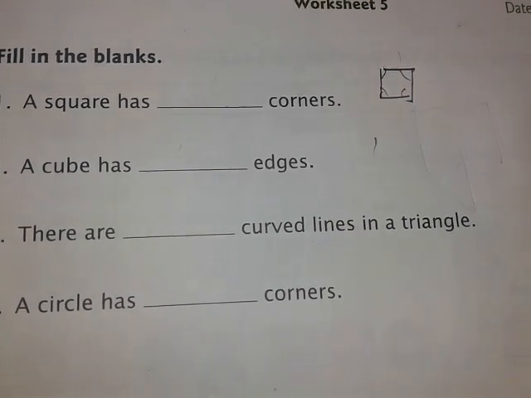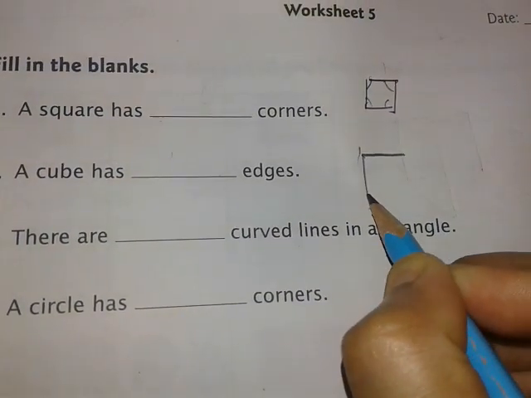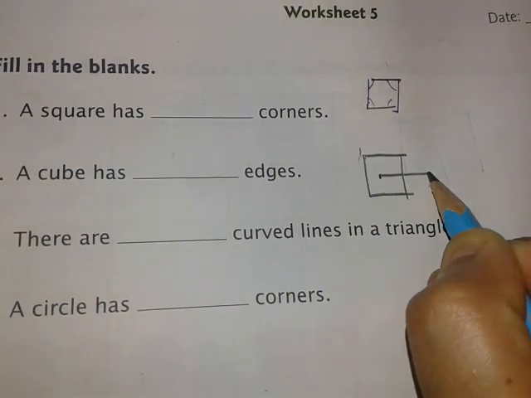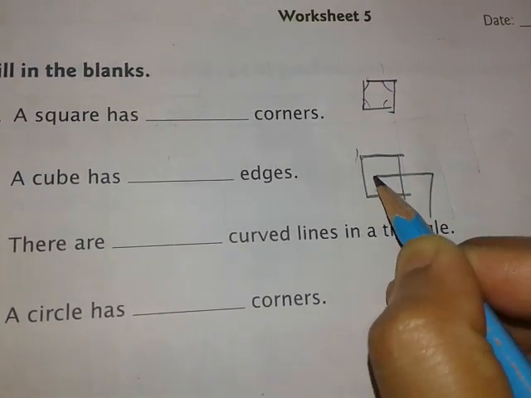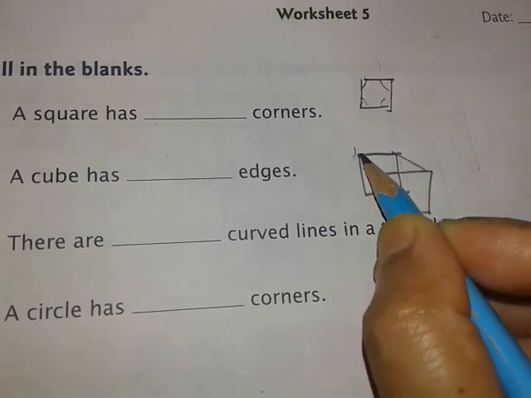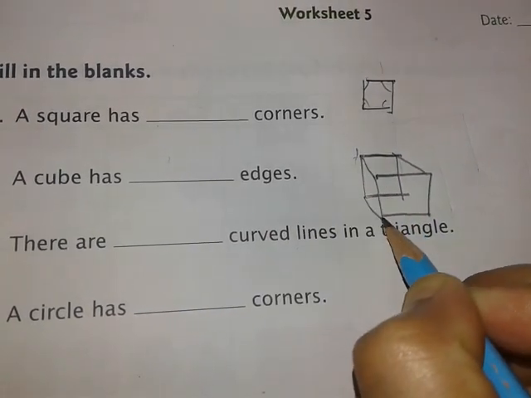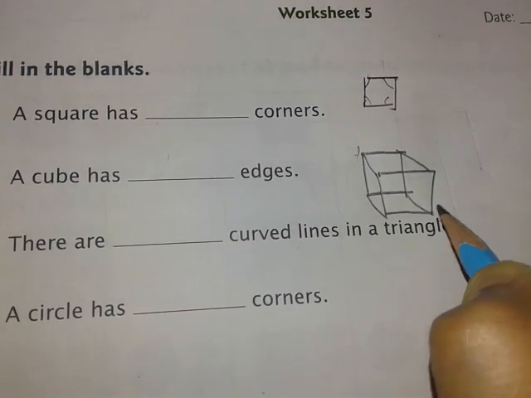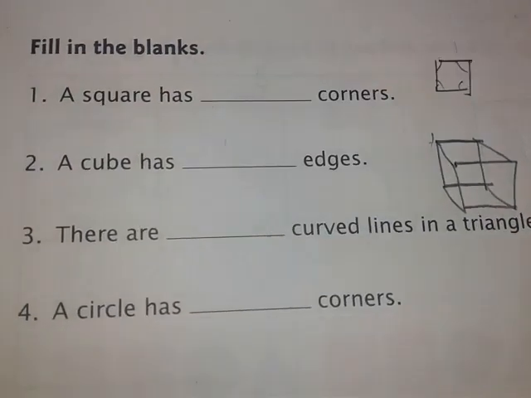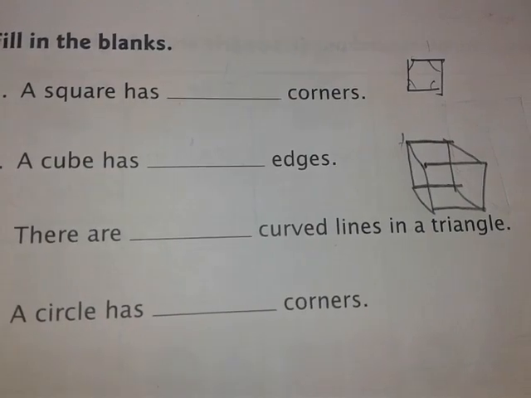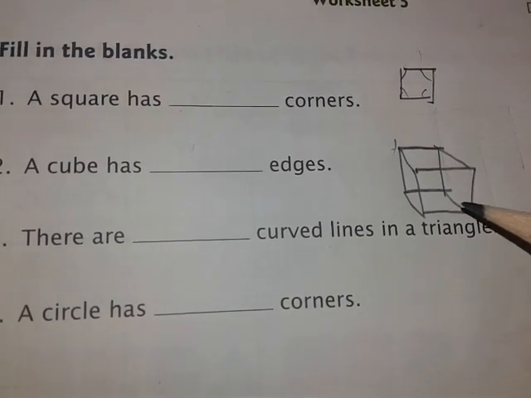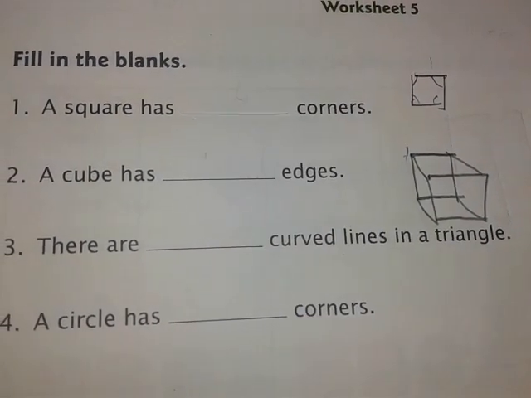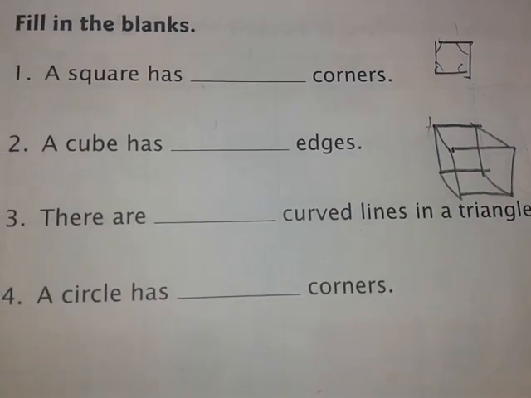I will show you now. 1, 2, 3, 4, 5, 6, 7, 8, 9, 10, 11 and 12. These 12 lines that are drawn to draw a cube represent the edges. So this means a cube has 12 edges.